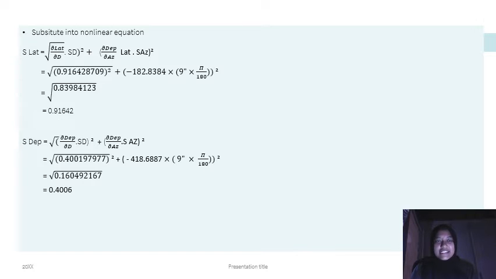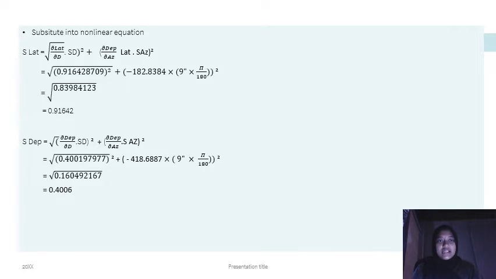Okay, this is the last step to get the answer for question 1. Okay, substitute into the nonlinear equation. Let sigma lat equal square root of partial derivative lat per partial derivative d multiplied by sigma d squared plus partial derivative lat per partial derivative az multiplied by sigma azimuth squared.